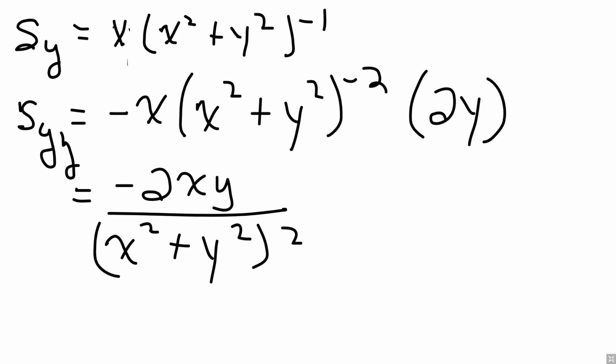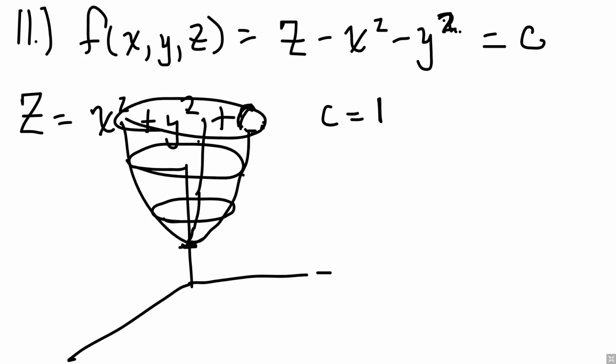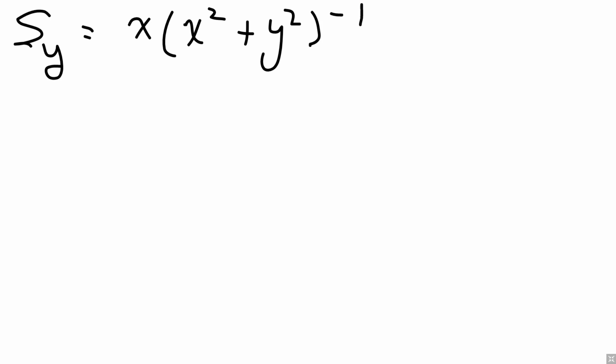Okay, so now what we have left is the mixed order. Basically, I'm just going to use this to help me do the mixed order. We said that s sub y is equal to x times x squared plus y squared to the -1.